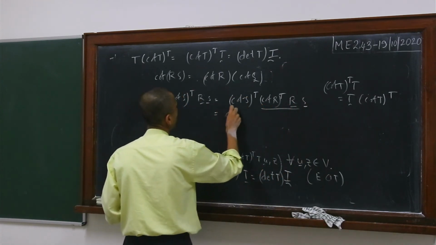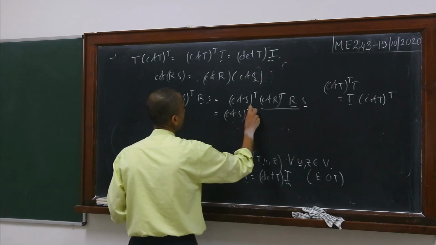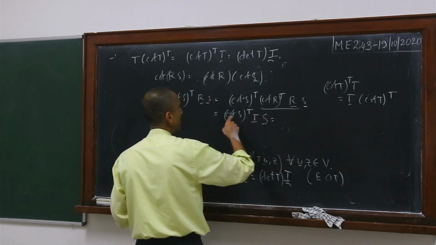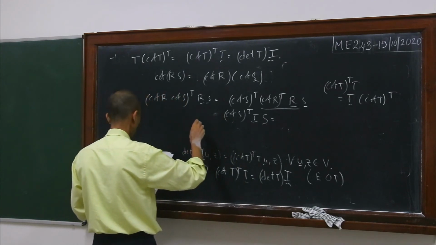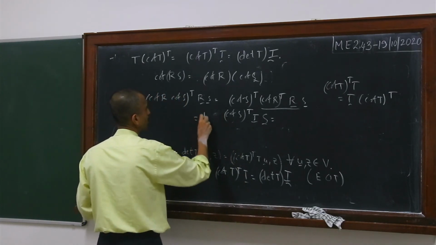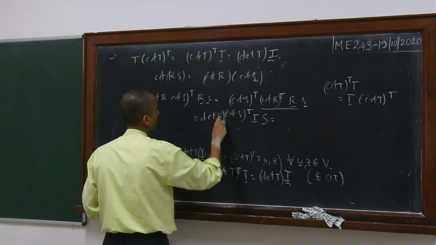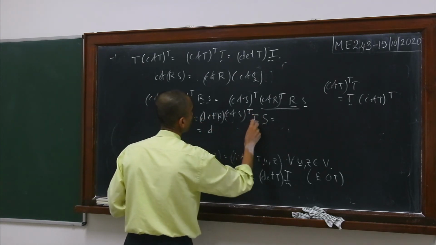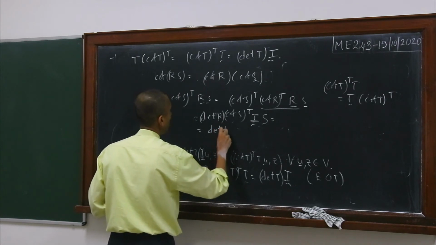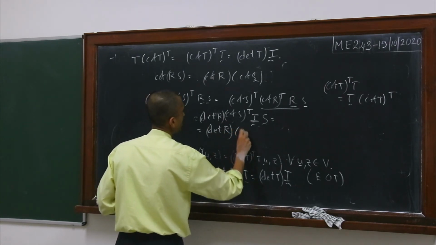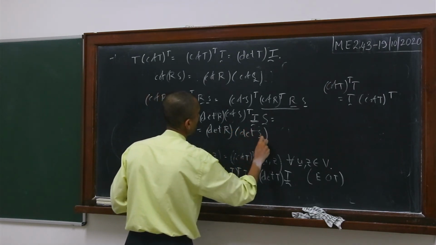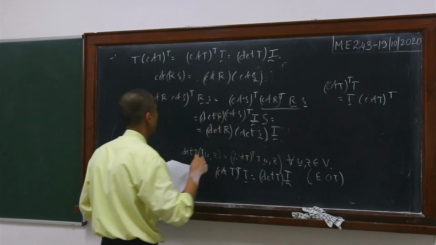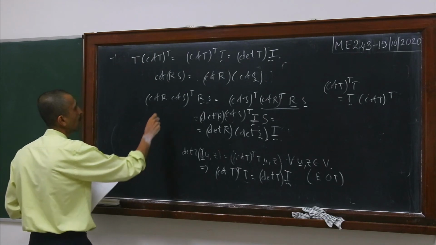So this is equal to cofactor S transpose times identity times S, into determinant of R, which is determinant of R times determinant of S times the identity tensor.